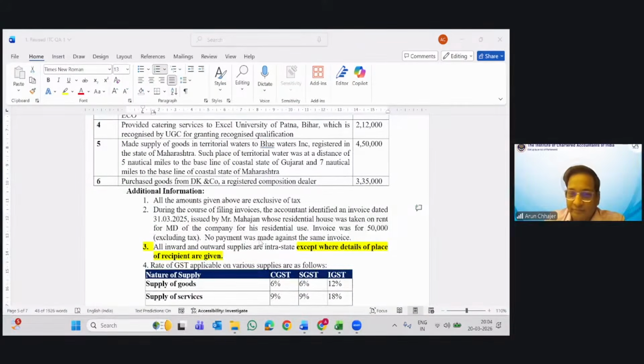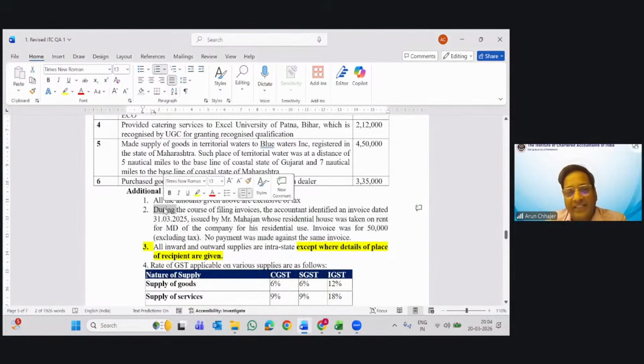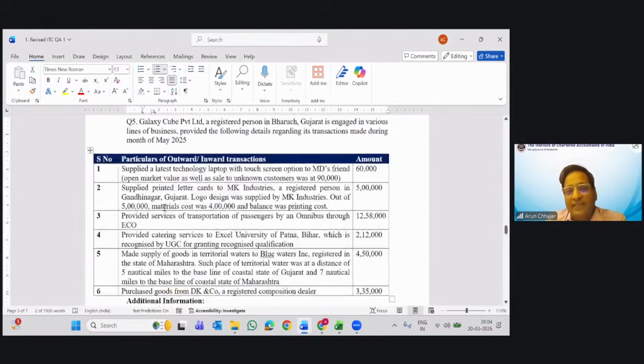Correct. This part is correct, Nagaraja. What will be the impact on the tax? So is it an inward supply for Galaxy or is it an outward supply for Galaxy?